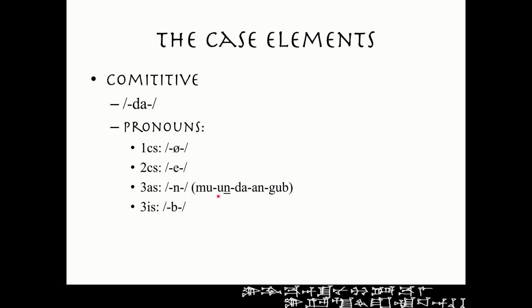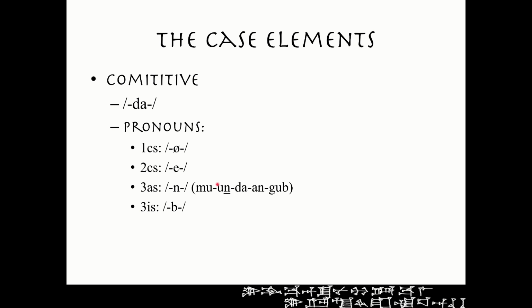So this would be with him. If this were a B, if this were mu'ub da'angub, that would be with it, an inanimate third singular. So he stood with it. If this were mu'eh da, it would be he stood with you.